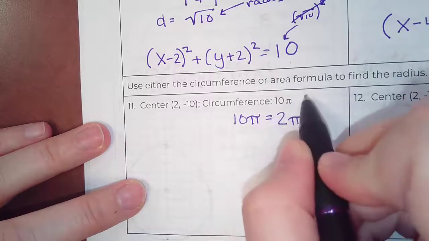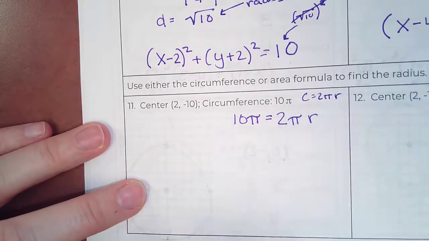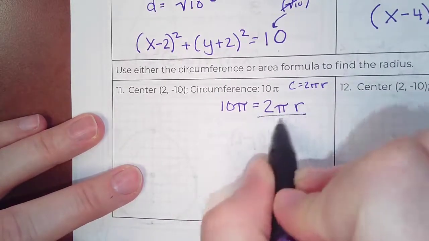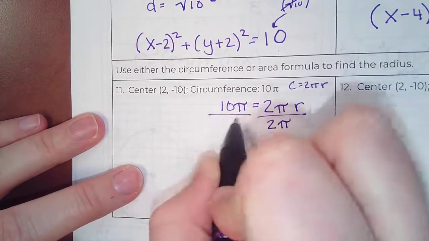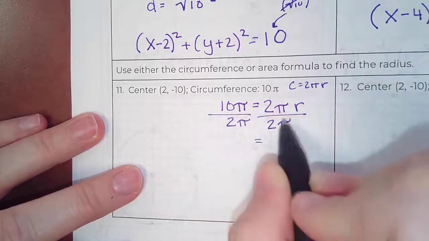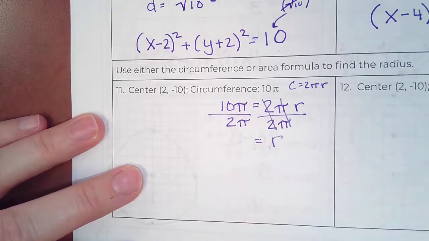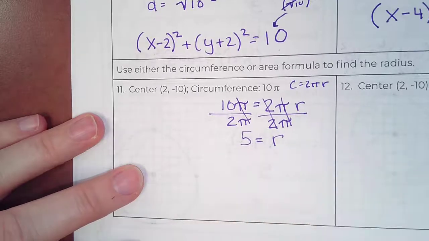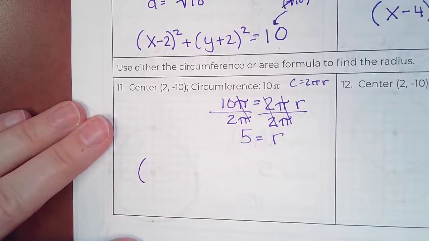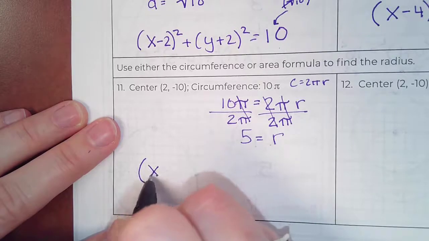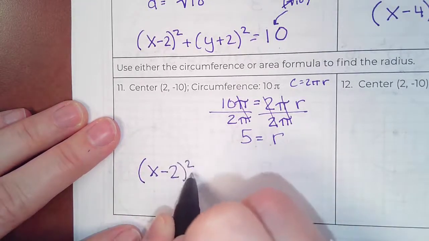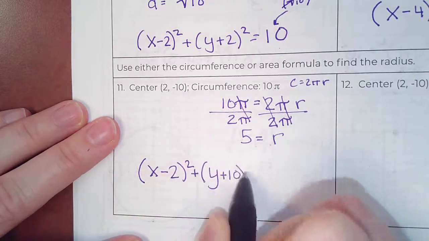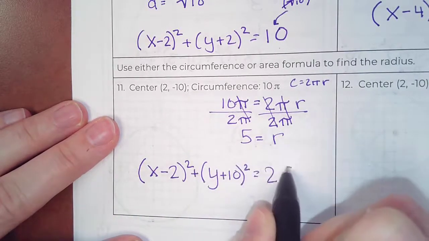If you need to write that out, C equals 2 pi r, so you remember. I want to get r alone, so I'm going to divide by 2 and pi at the same time on both sides. On the right side, cancel, cancel, I get r. On the left, my pi's cancel. 10 divided by 2 is 5. My radius is 5. Writing my circle formula, x minus 2 squared plus y minus -10, so plus 10 squared equals 5 squared, 25.